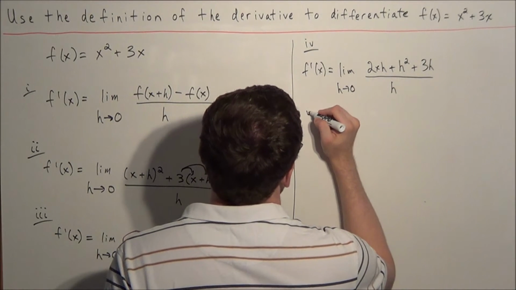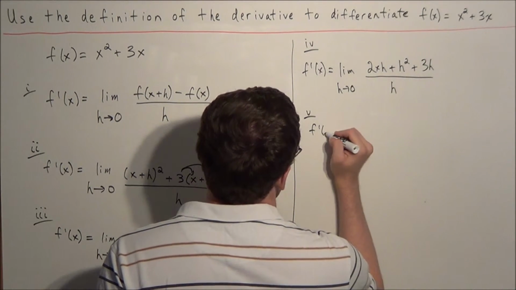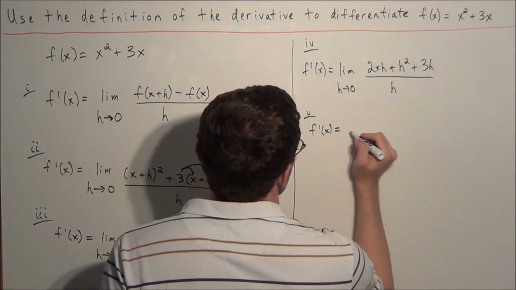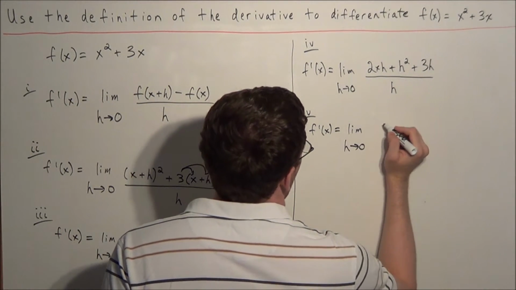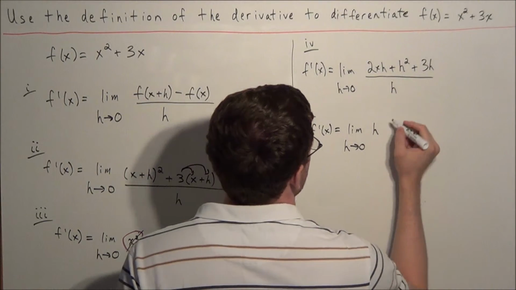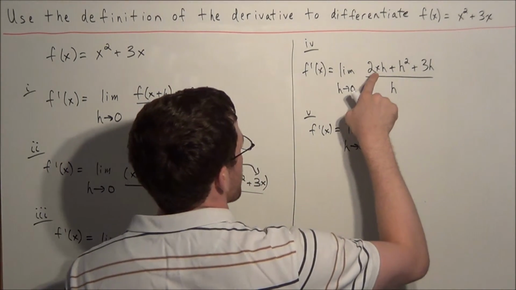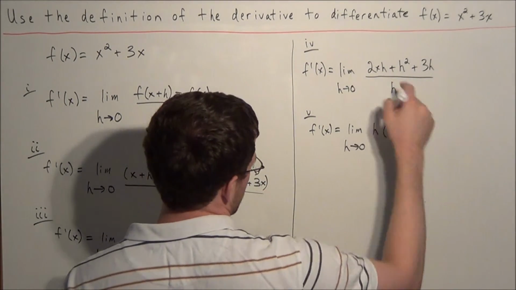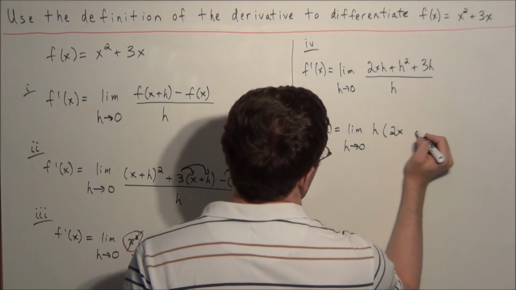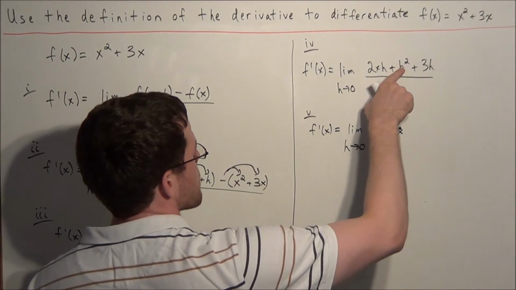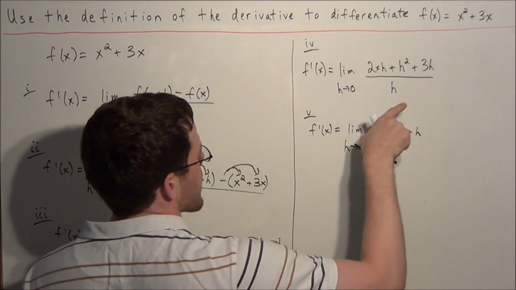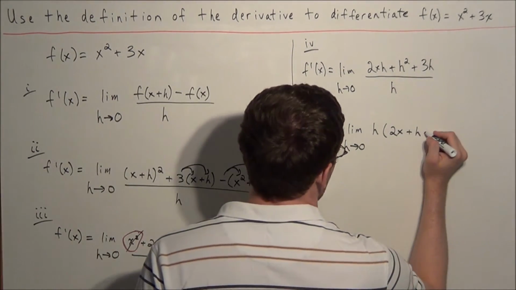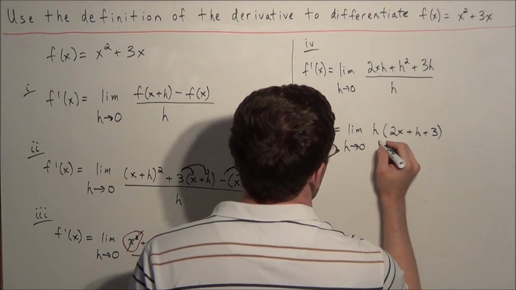So we have, for line 5, f prime of x equals the limit as h approaches 0, and now we're going to factor out a common h. When we factor h out of 2xh, we're left with 2x. When we factor h away from h squared, we're left with h. And finally, when we factor h away from 3h, we're left with a positive 3. And this is all over h.